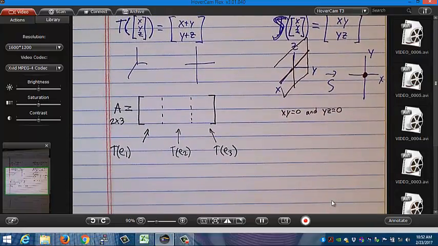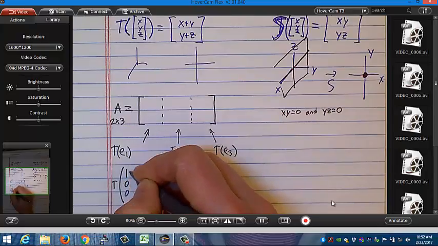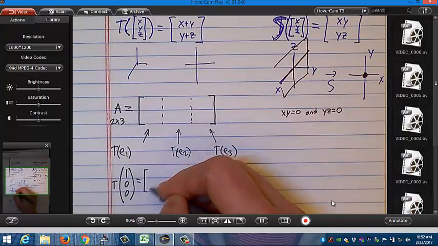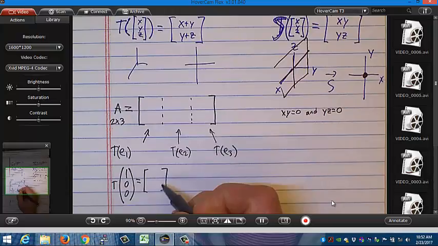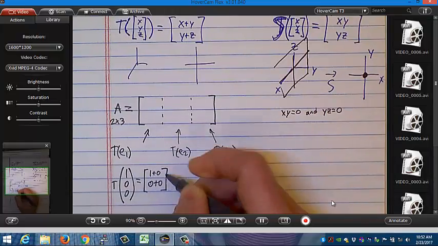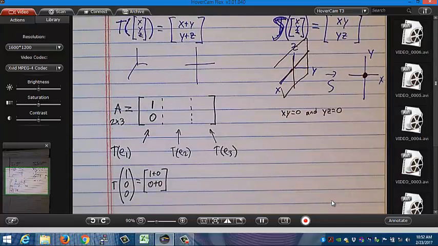Now, when I say T of E1, what I really mean is T of 1, 0, 0, right? And that is what vector? Well, it's 1 plus 0 and 0 plus 0. So this is the vector 1, 0. That's the first column of my matrix. Does that make sense to you guys?